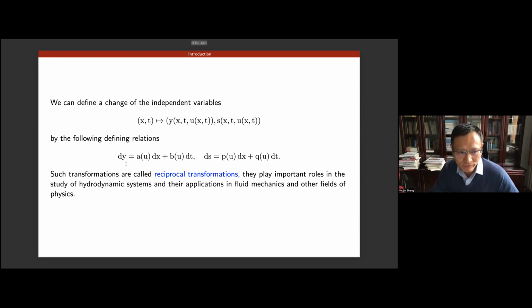By this formula, the differential dy is given by this differential form formed by the conservation laws A and P. Such a transformation, which changes the spatial and time variables of a PDE, is usually called a reciprocal transformation, and it is used widely in gas dynamics and other fields of physics.